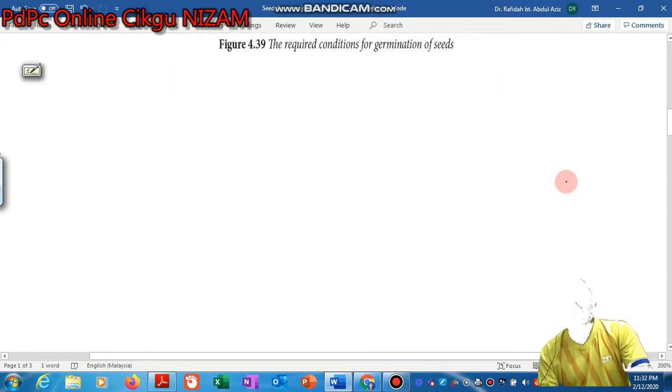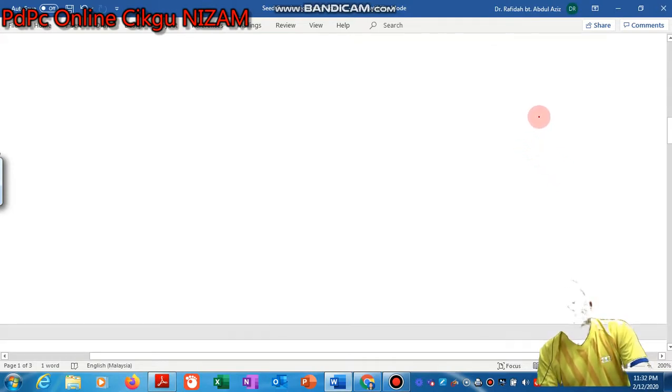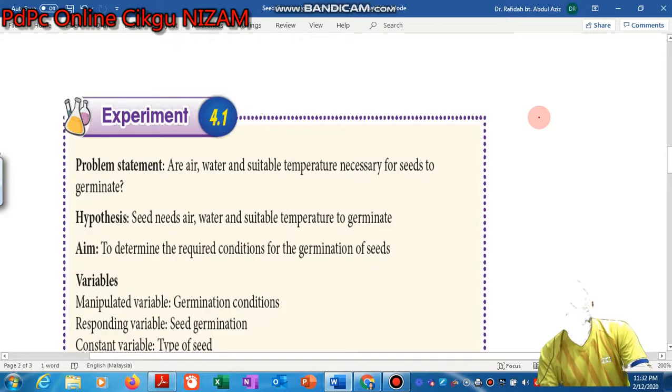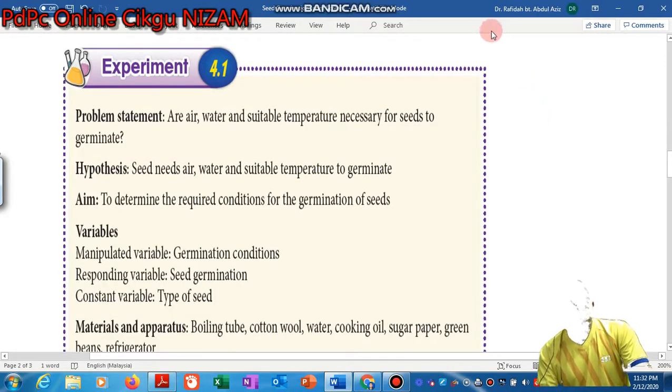So now, in order to prove these three conditions required for the seed to germinate, we have an experiment to conduct. So experiment 4.1.